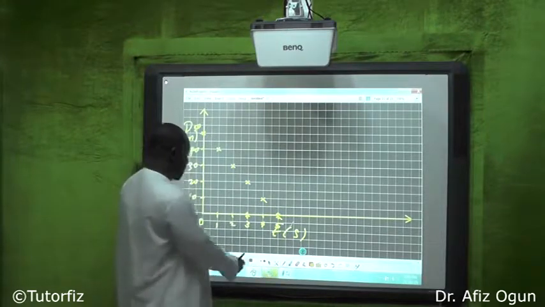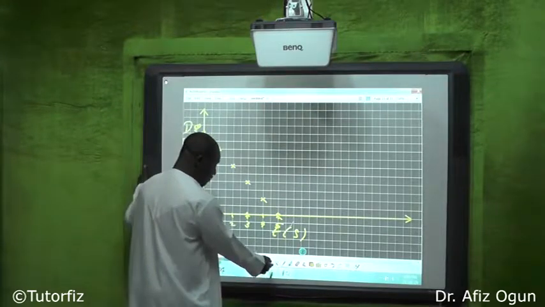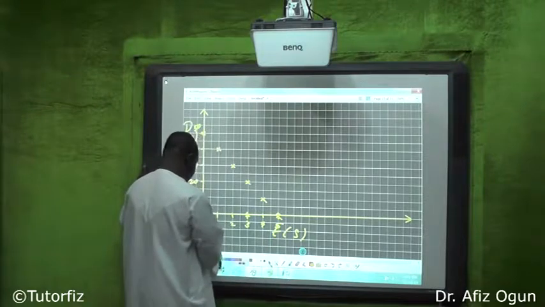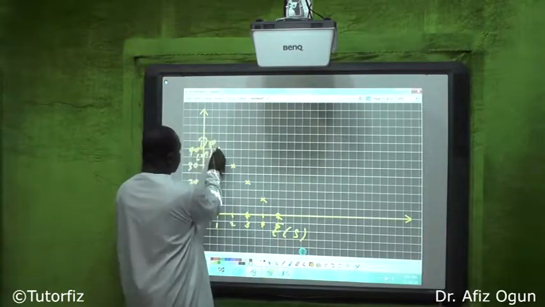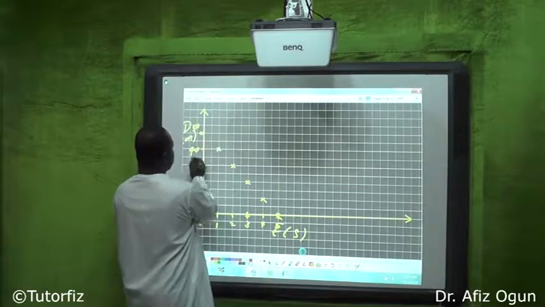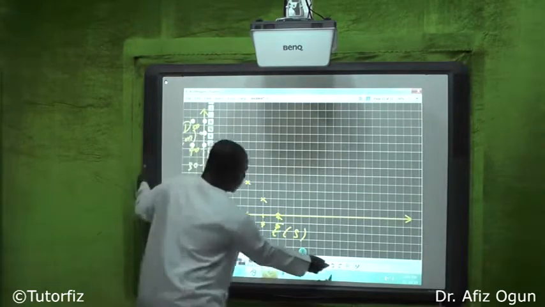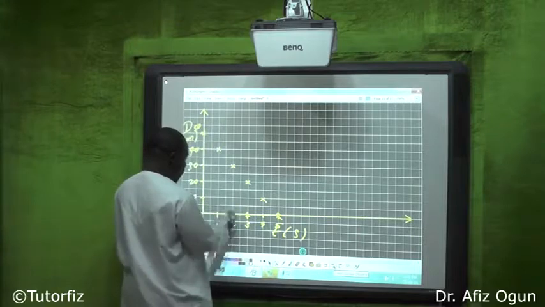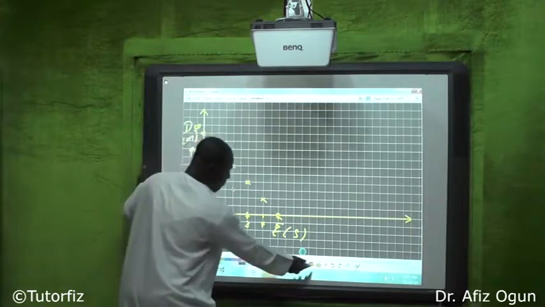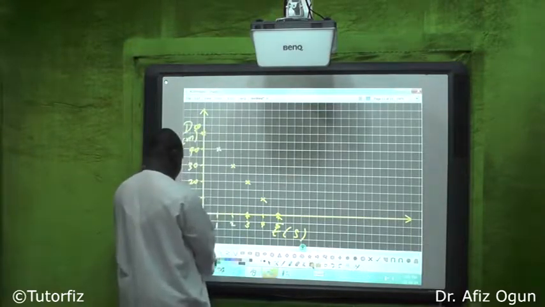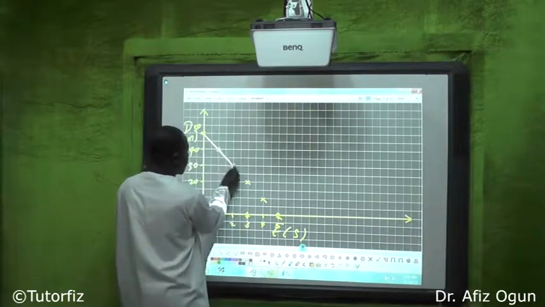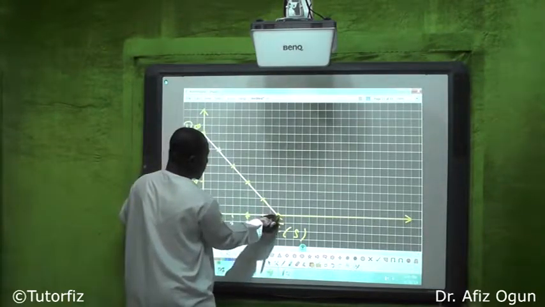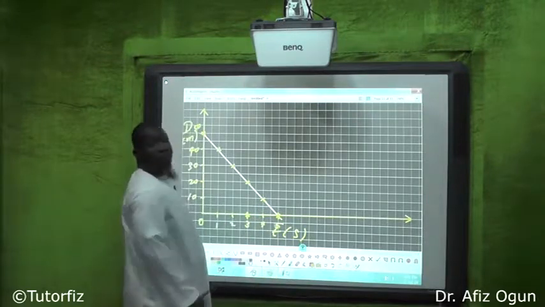So you can see I have moved backward to the reference point.